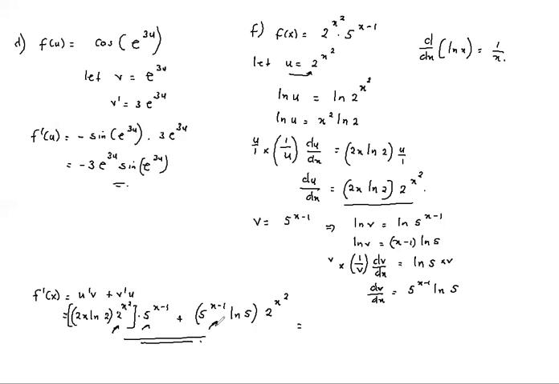So you could as well factor out those and say, I have 2^(x^2) multiplied by 5^(x-1), and then inside we have 2x ln 2 plus ln 5. So you do that if you want. You're not forced. It's your decision to make there. So you can easily do that.